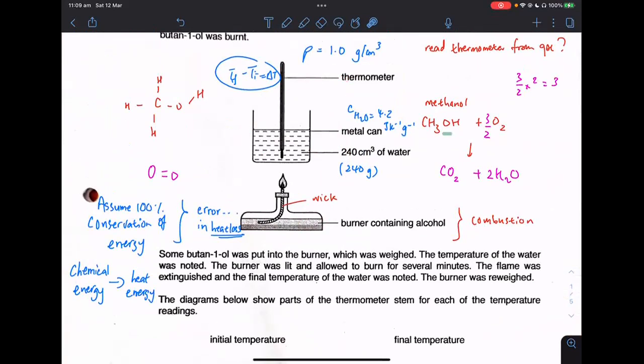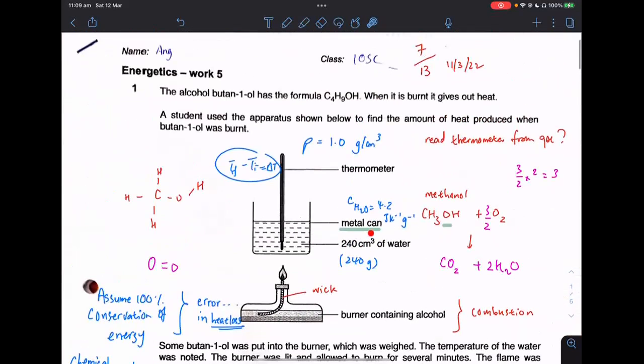The most common mistake is, I don't know why, but a lot of people say change the metal can to beaker. If you change metal can to beaker, what you can say about beaker is it is made of glass. Glass is an insulator. So that means you're not thinking. If glass is an insulator instead of metal, whatever you heat up, not all the heat is going to get into the water if you use glass, because glass will not conduct heat very well.